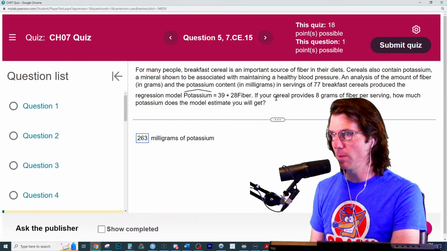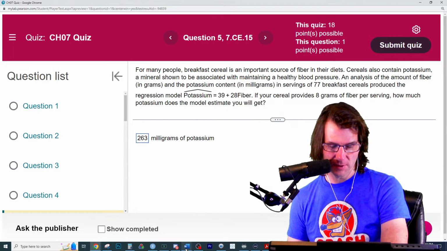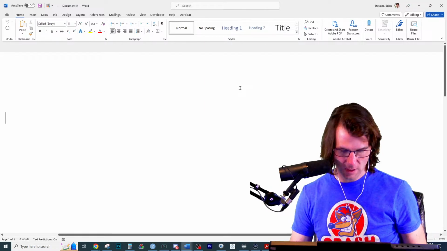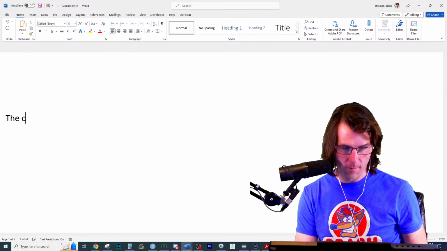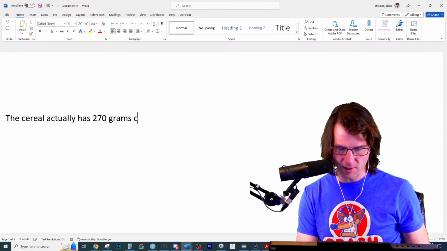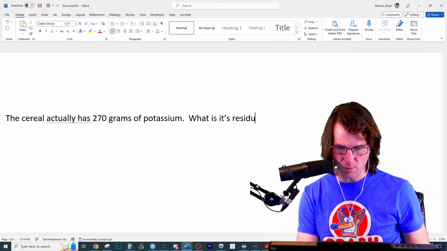What is its residual? So this is an addendum to the question. If we were to say the cereal actually has 270 grams of potassium, what is its residual?